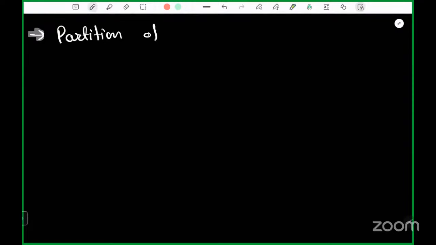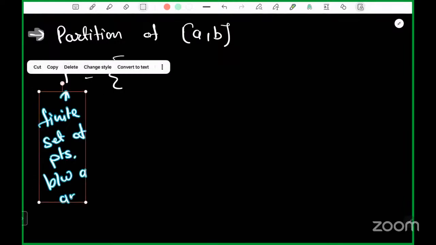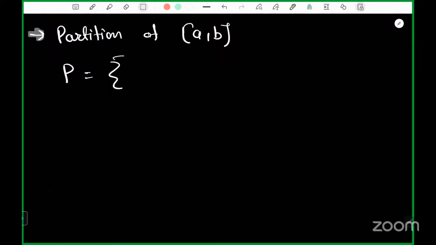A partition of the closed interval a comma b is nothing but a set P which contains the points in between a and b. It is a finite set of points between a and b. Although we don't need to insist on it being finite, because there are cases where a partition can have infinitely many points.